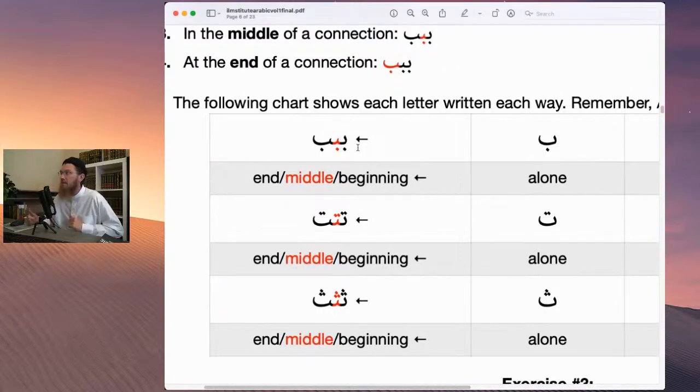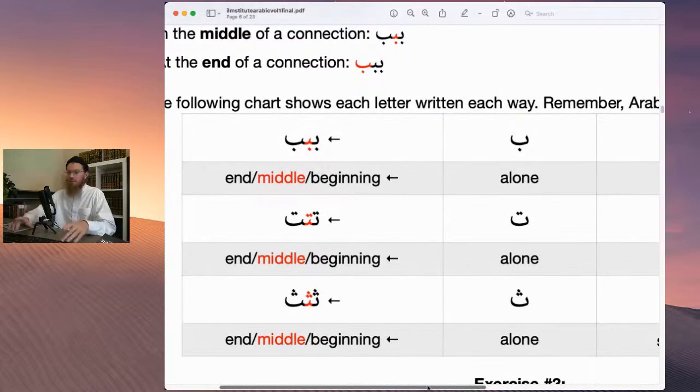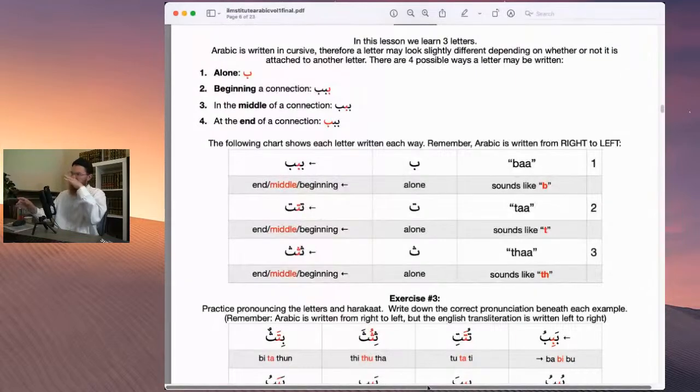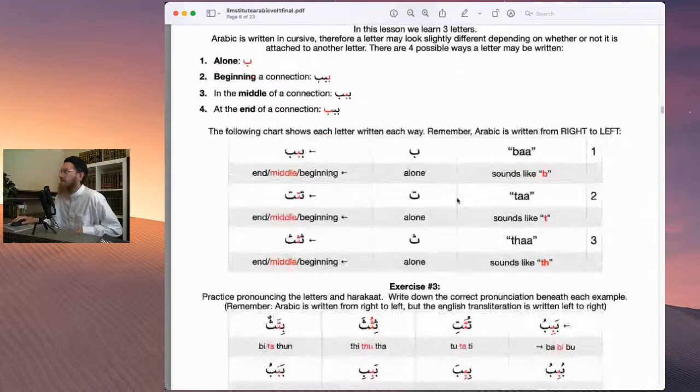It's going to take a bit more skill and practice for you to read it if it's all just the same color, because you might not be able to differentiate when one letter ends and another begins just yet, but we make it easy for you in this book, inshallah. So it goes black, red, black, red. So we have in black, the beginning of a connection, in red, the middle of a connection, and in black again, the end of a connection, right? Simple enough, inshallah. I'm going through it very slowly, but inshallah, it's so that you can really understand.